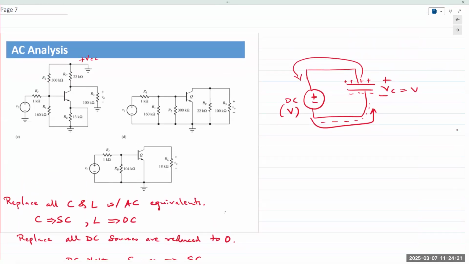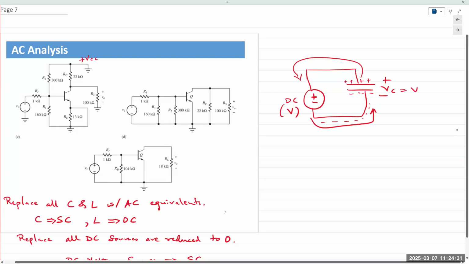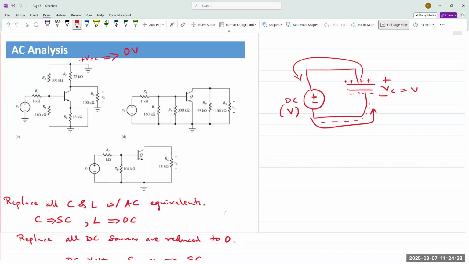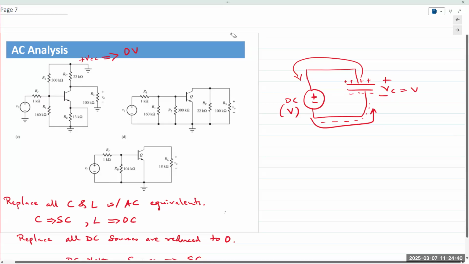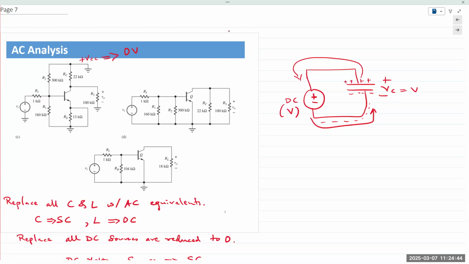So in this case, we have VCC here. We replace it with a short circuit, meaning that the node at the top is directly connected to ground. Output, of course, stays connected to ground.